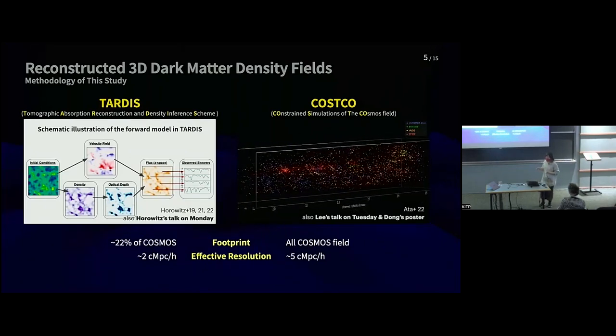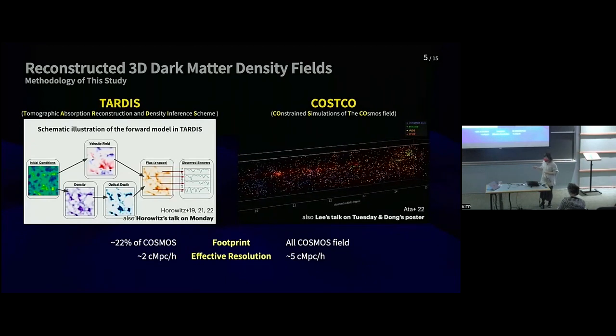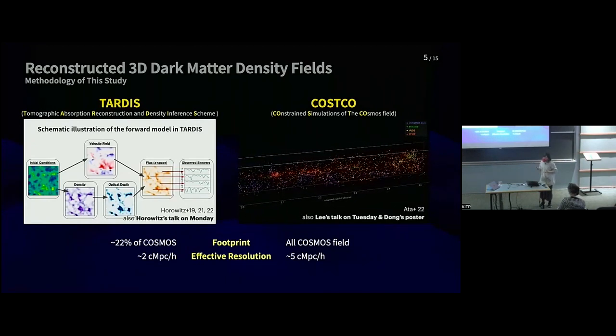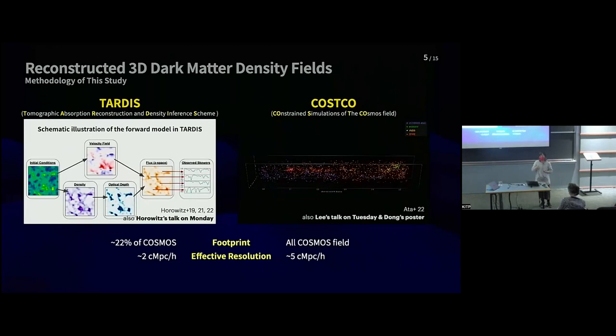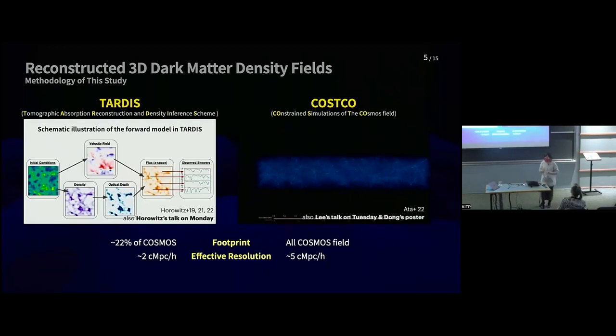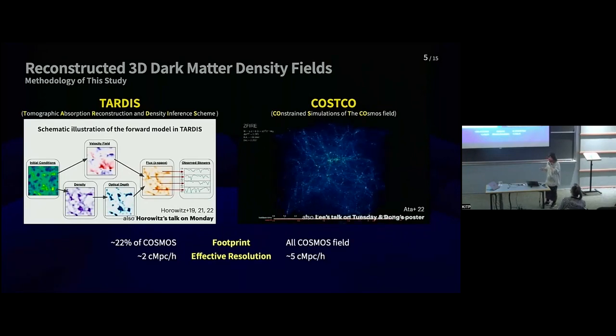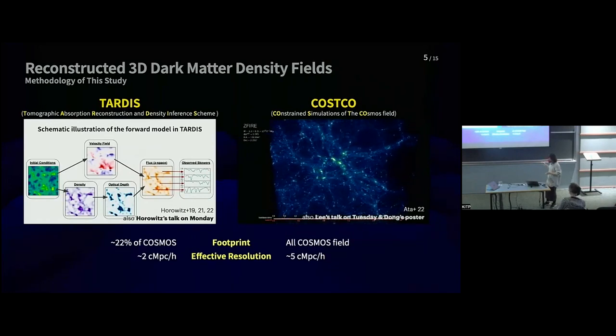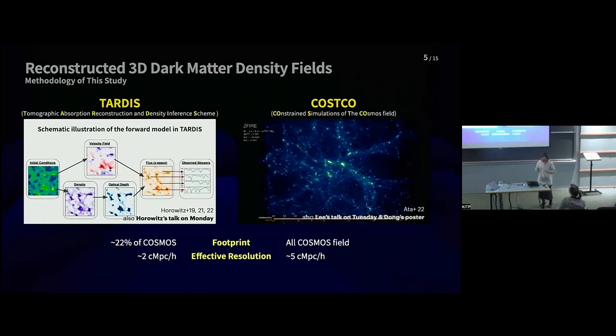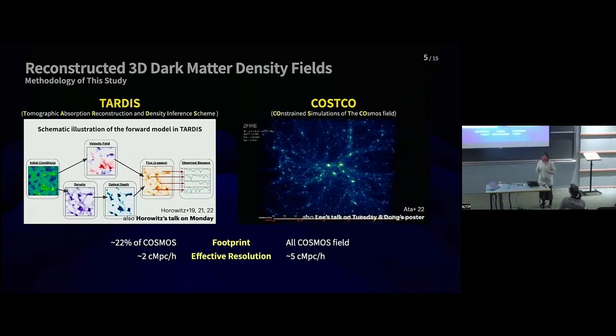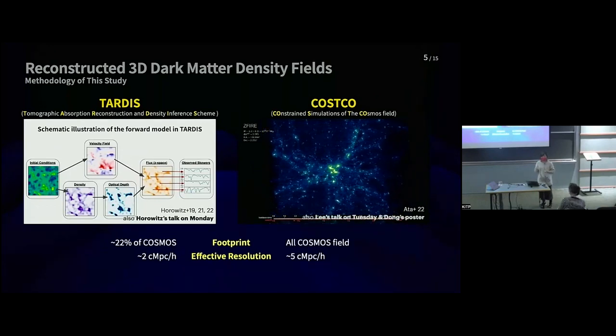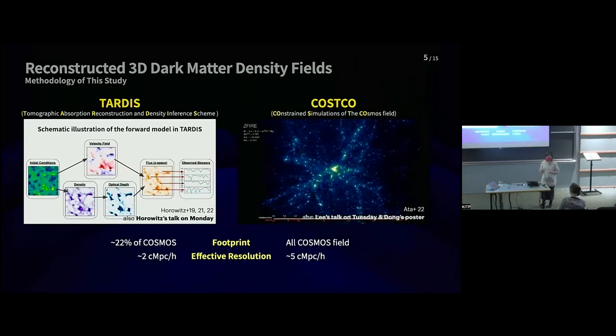As Ben talked about on Monday morning, TARDIS reconstructs the density field through forward modeling techniques from the Lyman alpha tomography map and three-dimensional galaxy distributions. On the other hand, the other reconstructed density field, COSMO, is a suite of constrained simulations designed to resemble the three-dimensional galaxy distribution in the COSMOS field.